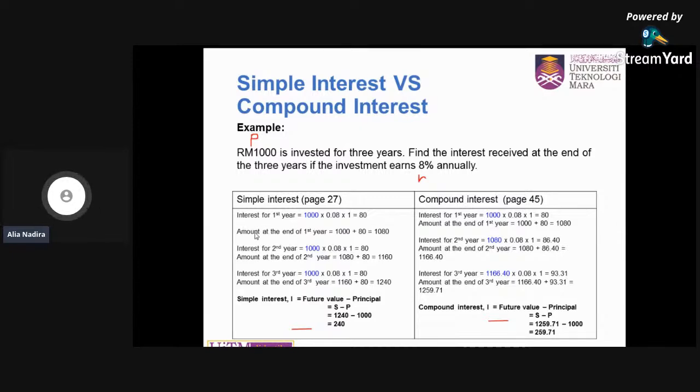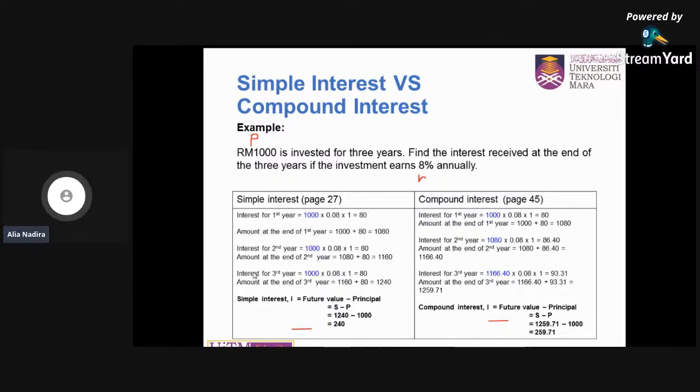The amount in the account at the end of the first year is 1000 ringgit plus the interest, so it becomes 1080. For the second year, the interest will be the same, 1000 times 0.08 times 1, which is 80. So the amount at the second year is 1080 plus another 80 ringgit, and you get 1160.